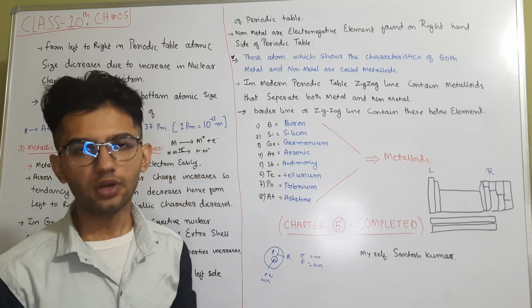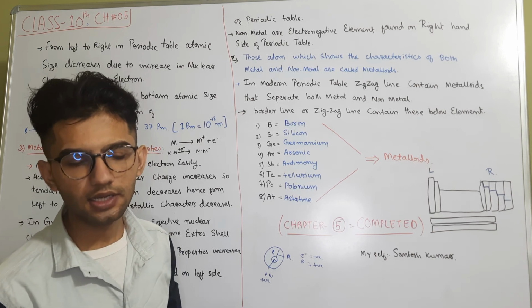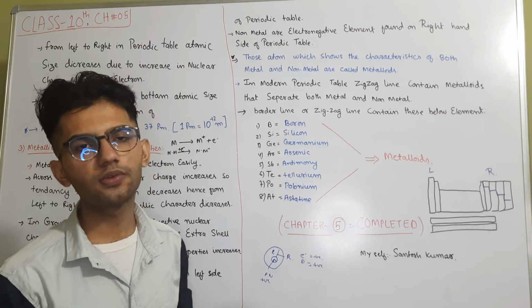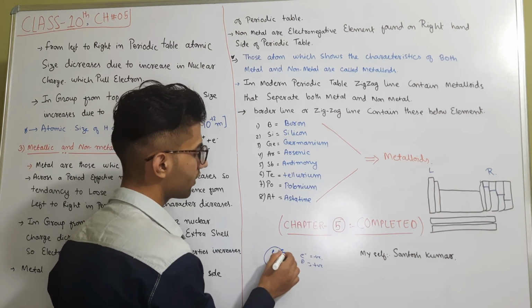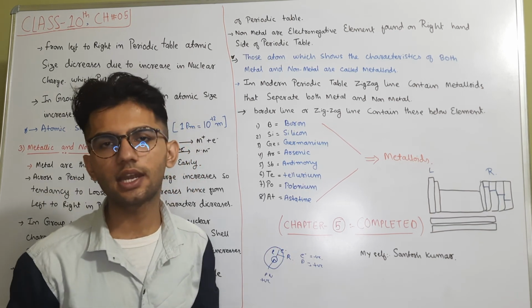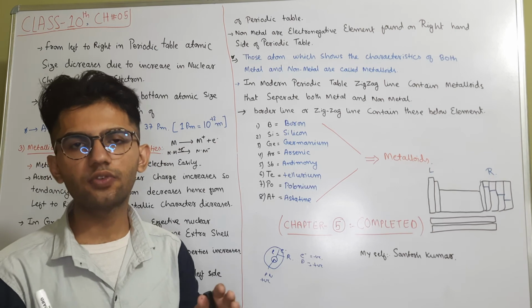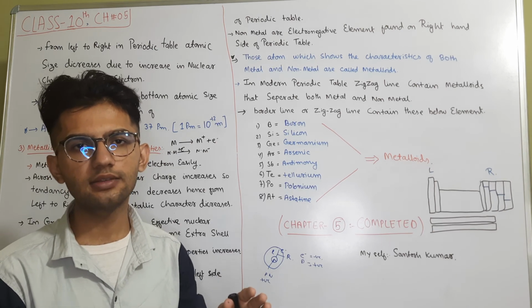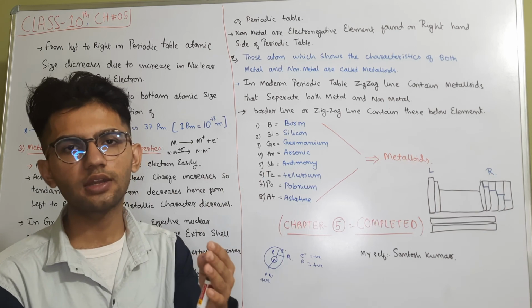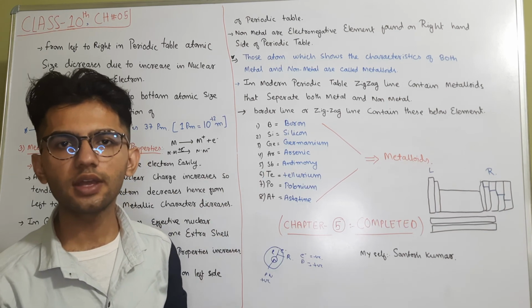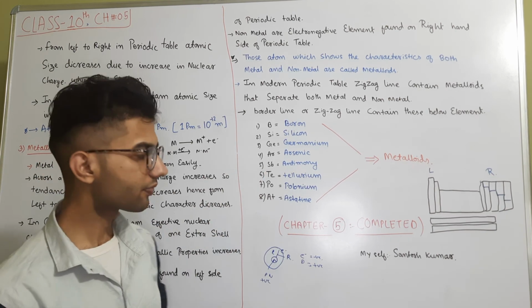As we have learned in lower classes, opposite charges attract each other, so the outermost electrons and the central positive charge attract each other. That attractive force between the central positive charge and the outermost negative valence electron is known as the effective nuclear charge.